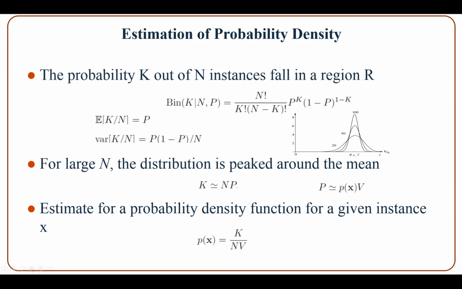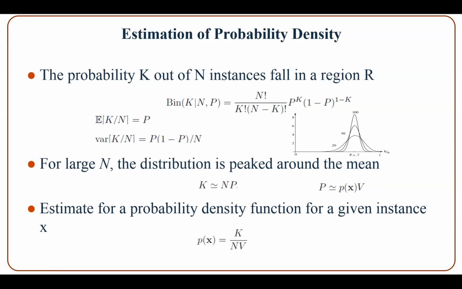And from there, we can see that the mean fraction of points or instances falling inside the region is E of k divided by n, which is P. And the variance of k divided by n is actually P times 1 minus P divided by n.